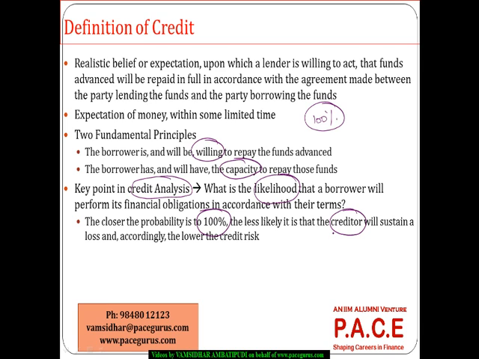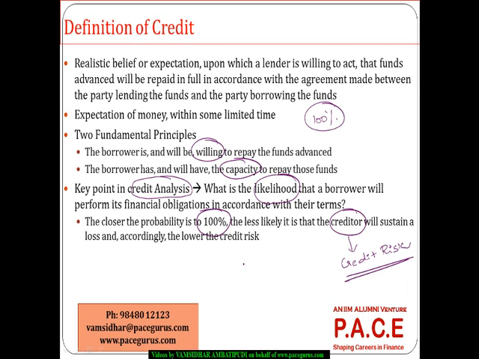The chance that the creditor will have a loss is much lesser, which means the credit risk is much lesser. So if I am trying to assess the credit analysis of a person, I am looking at what is the chance that this particular party will default on the financial obligation.